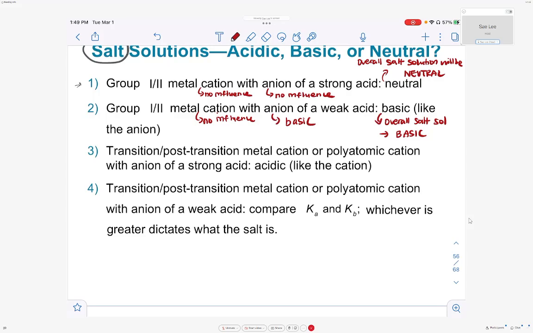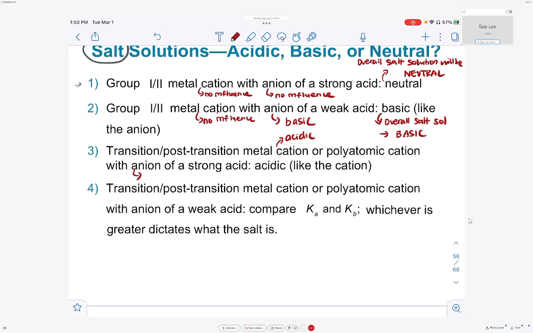A transition or post-transition metal cation or polyatomic cation has influence on pH. These will make the aqueous solution acidic. Okay? How about the anion of a strong acid?